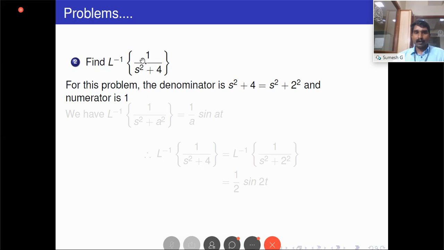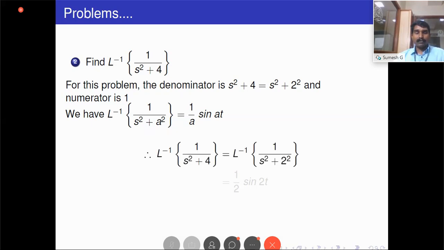Here the numerator is 1. So we have to use the result: inverse of 1 by s square plus a square is equal to 1 by a sin a t. Therefore, L inverse of 1 by s square plus 4 equals L inverse of 1 by s square plus 2 square equal to 1 by 2 sin 2t. Here we just use the standard result.